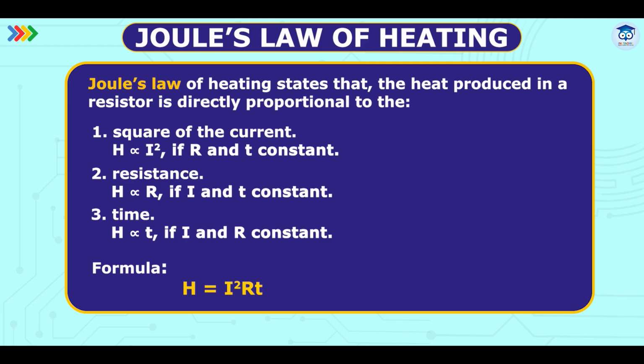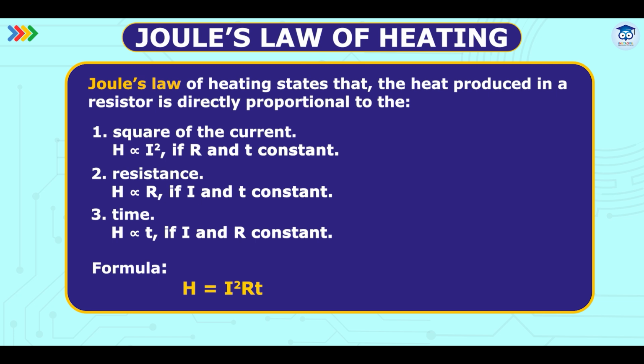Let us now understand the concept of Joule's law of heating, which explains how electric current produces heat in a conductor. According to this law, the heat generated in a resistor is directly proportional to three factors: the square of the current flowing through the resistor, the resistance of the conductor, and the time for which the current flows.